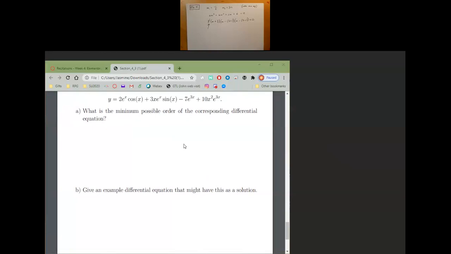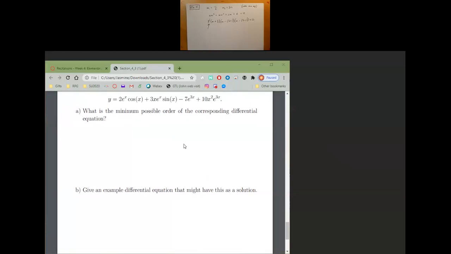That is repeated at least twice. And then the other root would be positive 3, and that's repeated at least 3 times. So you would have m minus 1 plus or minus i, all raised to the 2, times m minus 3 raised to the 3. And that would be how I would write it. So I wouldn't expect you to expand that or anything.